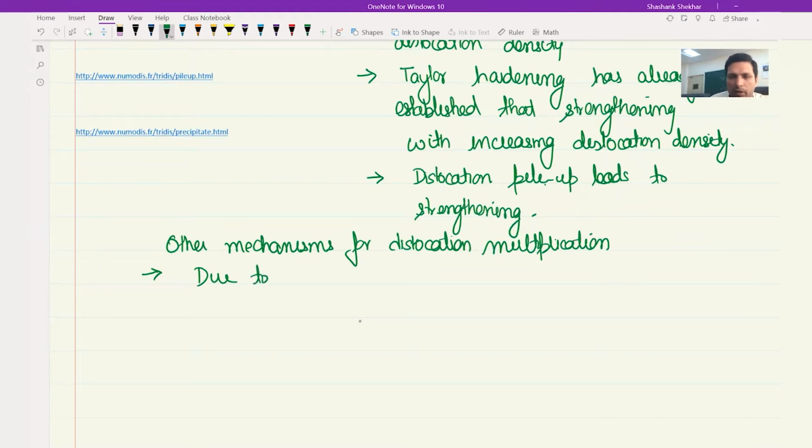So it may be, for example, when you are doing crystal growth, at that time there may be stacking sequence faults, and because of those faults there may be dislocations that get generated. So it is due to accidents in crystal growth.